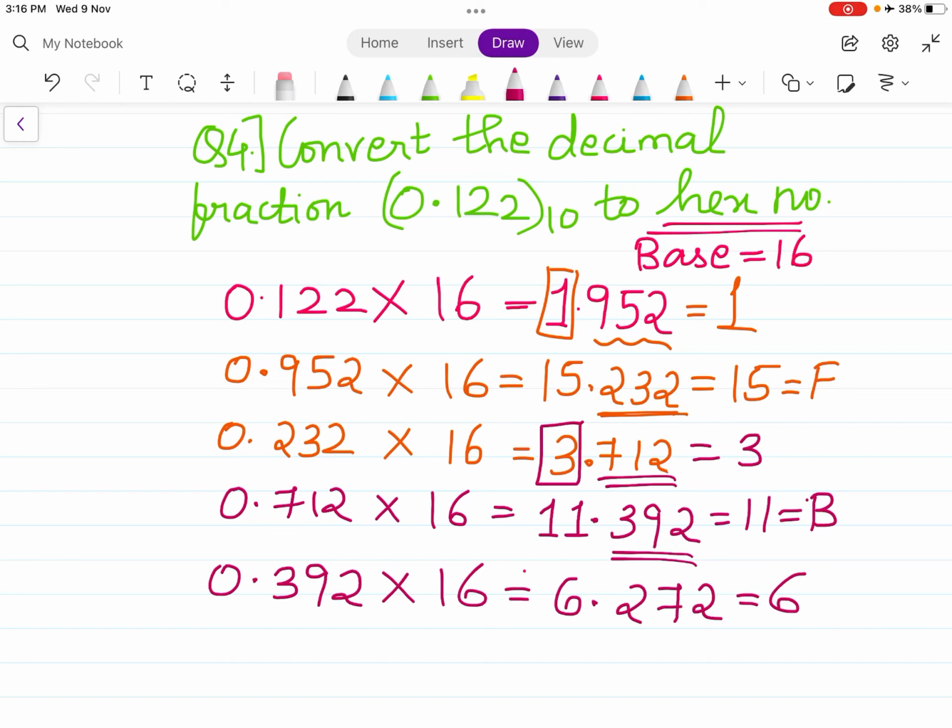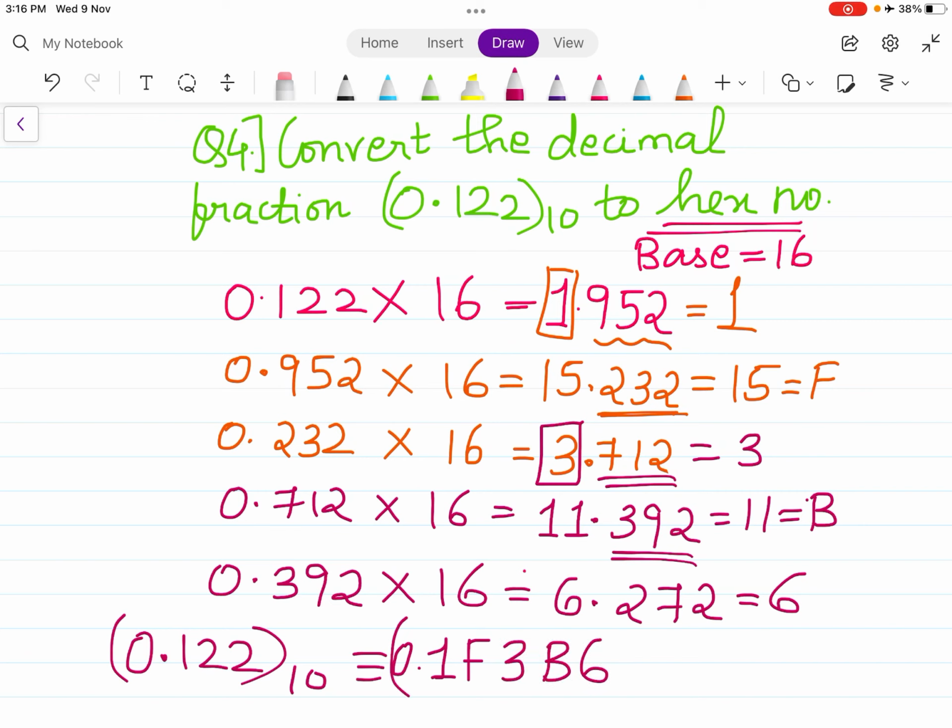So 6 is the carry. We can stop here. So we get the answer: 0.122 to the base 10 corresponds to 0.1F3B6 to the base 16.